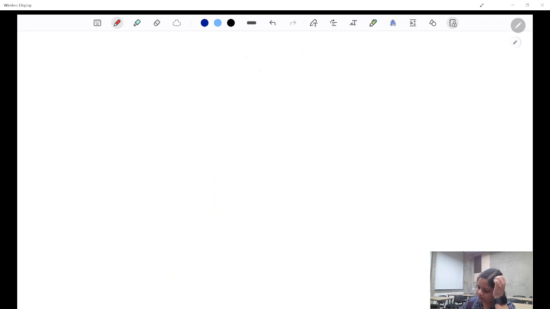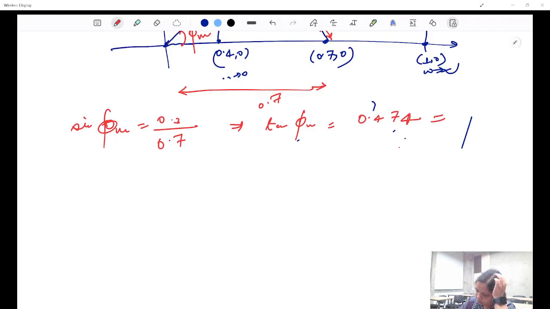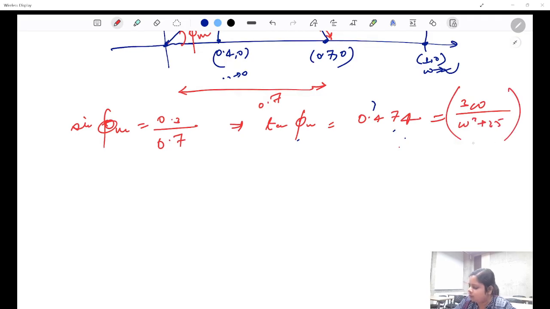It's going to be 3 omega upon omega square plus 25 upon 10 plus omega square upon omega square plus 25, right?